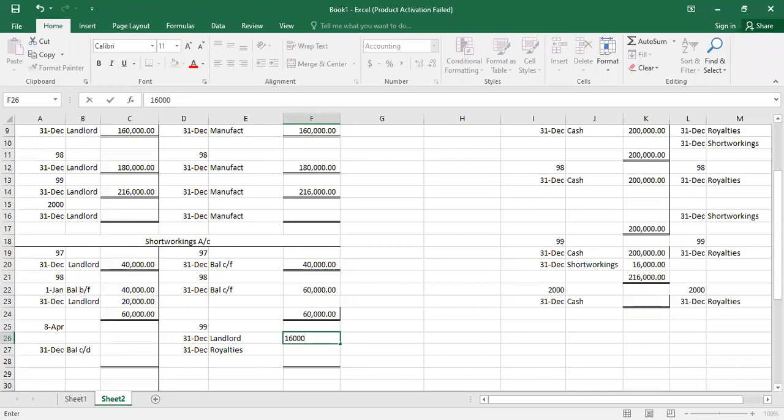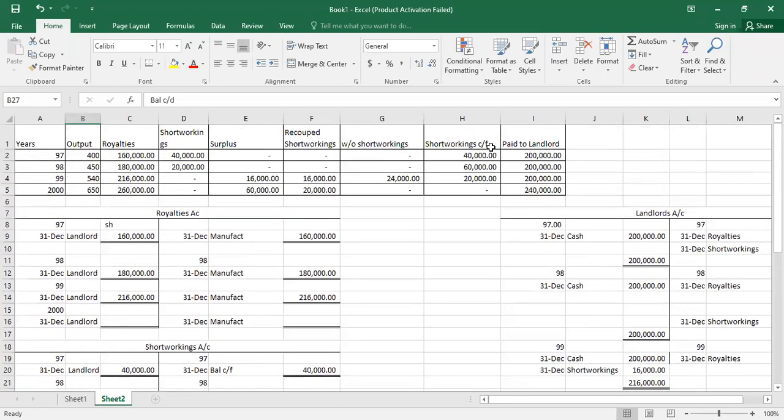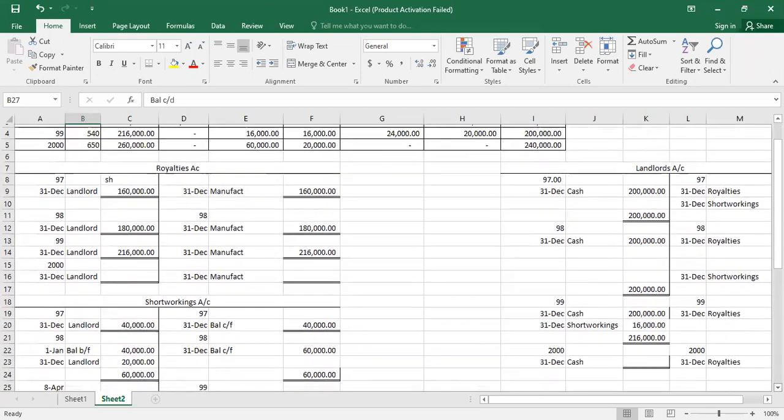Now, we are not closing the books yet, are we? Are we closing the books yet for the year 1999? No. But we are writing off 24,000. Our carry down is 60,000, isn't it?